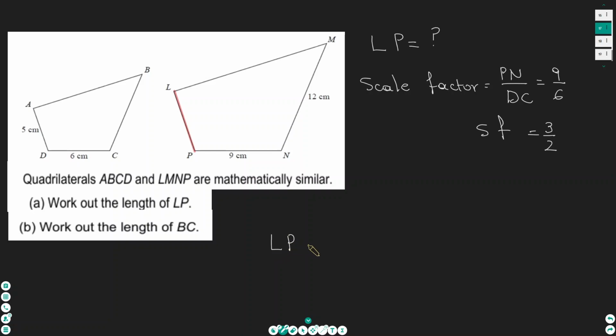So the LP is equal to the AD times the scale factor. So the LP is equal to 5 times 3/2. So it is 15/2. This is 7.5 centimeters.